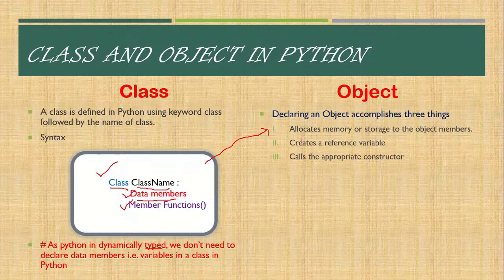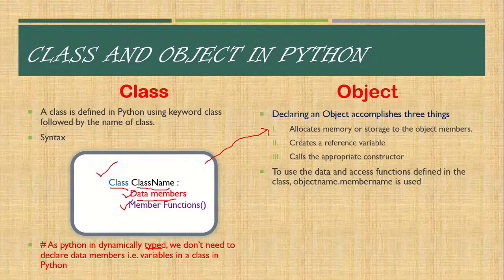There is a certain set of statements which we want to be executed. All those statements are placed within this constructor method, and in Python it is represented by underscore underscore init underscore underscore.